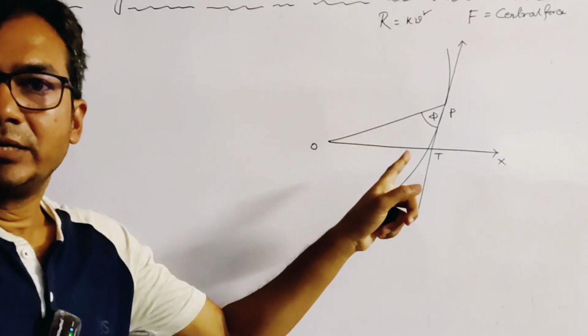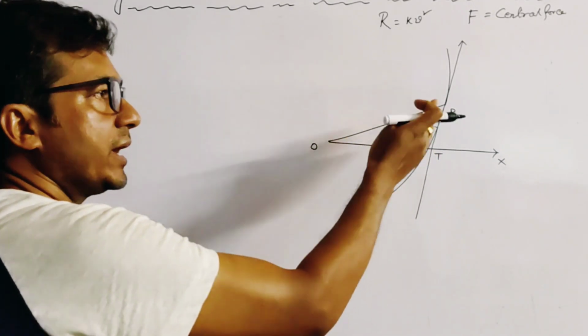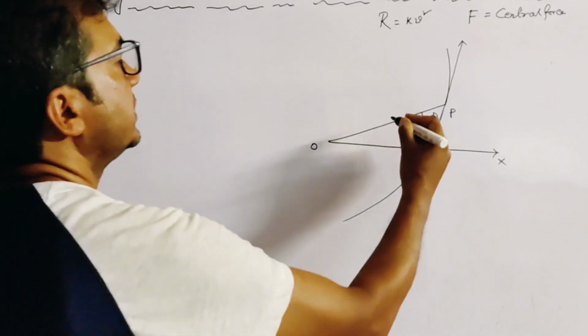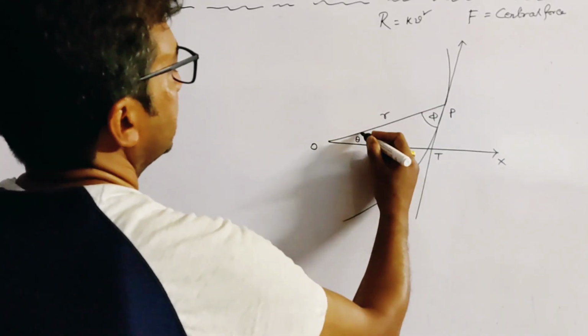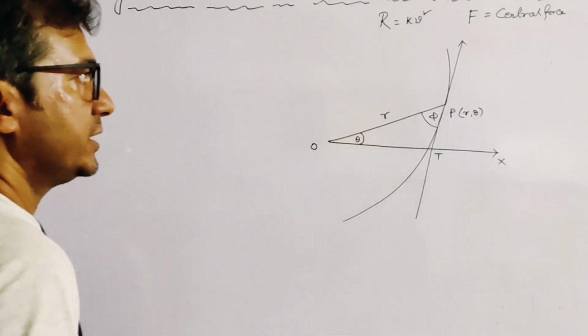This angle phi is a standard notation of differential calculus, the angle between the tangent and the radius vector. This is r, this is theta. So the point is (r, theta).